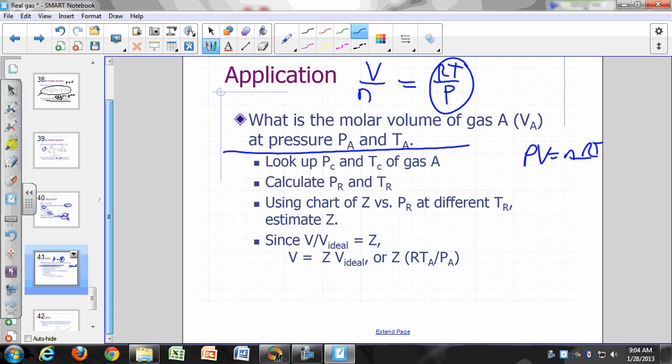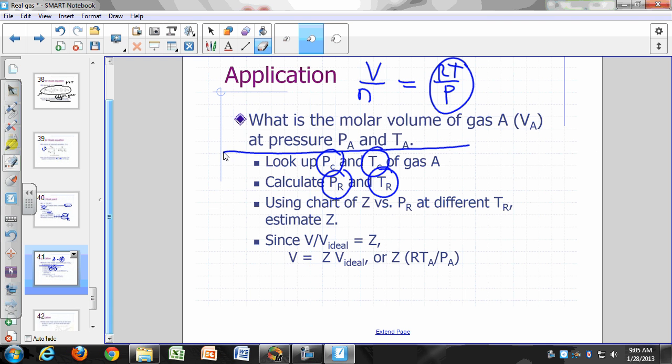You'd have to look up the critical pressure and the critical temperature of gas A. So you refer to a table and look up those values. And then what do you need to do now? What you need to do now is calculate the reduced pressure and the reduced temperature. How do we do that? We know what PA is and what TA is. So what's the reduced pressure?